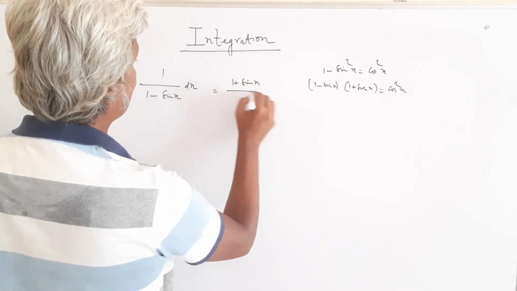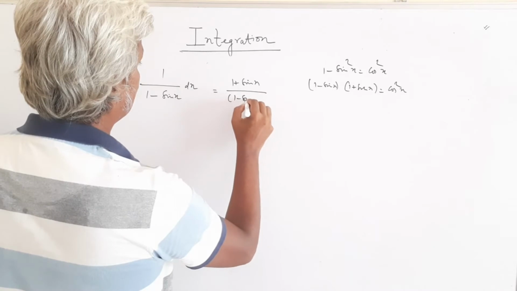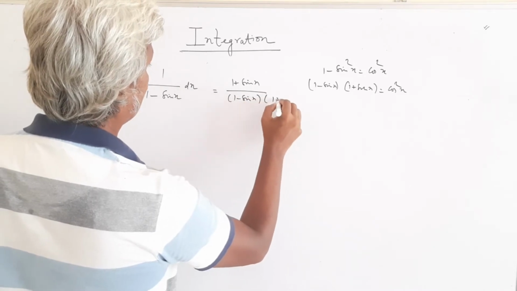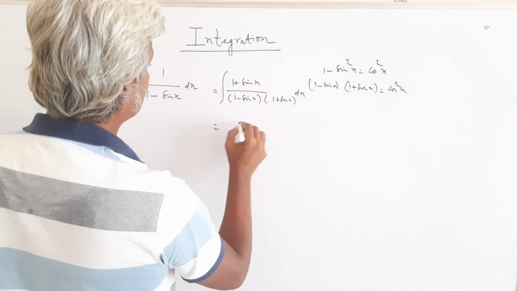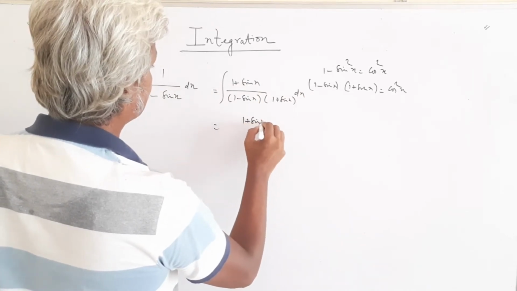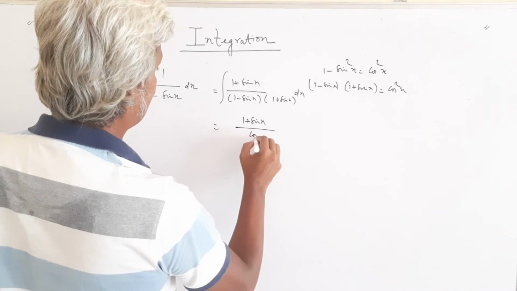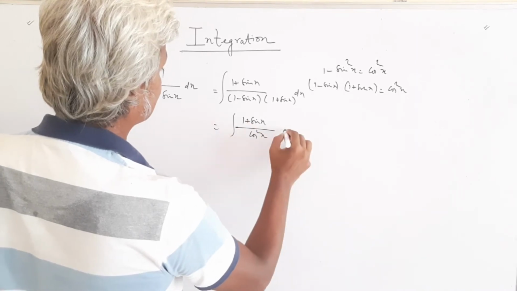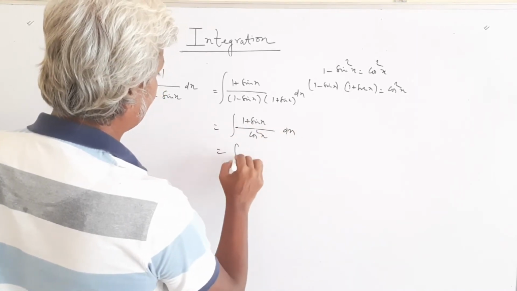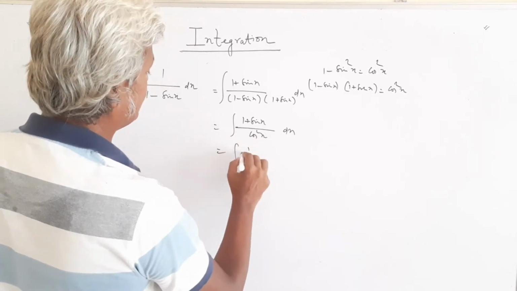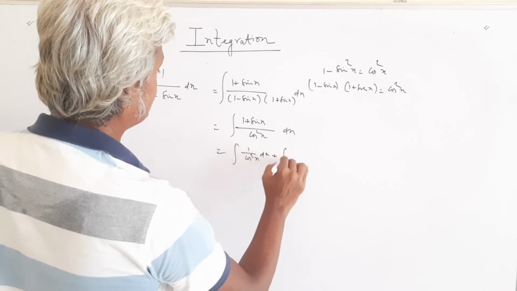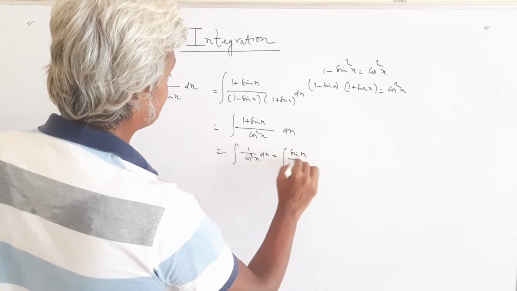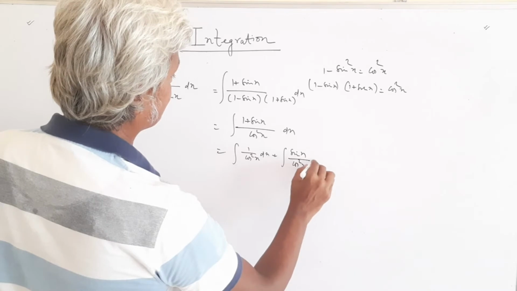So it becomes 1 plus sin x over 1 minus sin x times 1 plus sin x, and I write directly cos square x dx. Now I write separately 1 upon cos square x dx plus sin x upon cos square x dx.